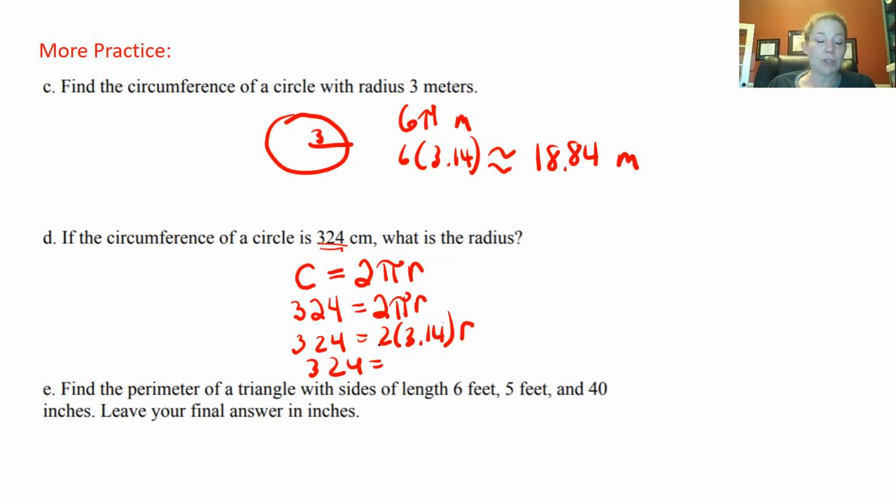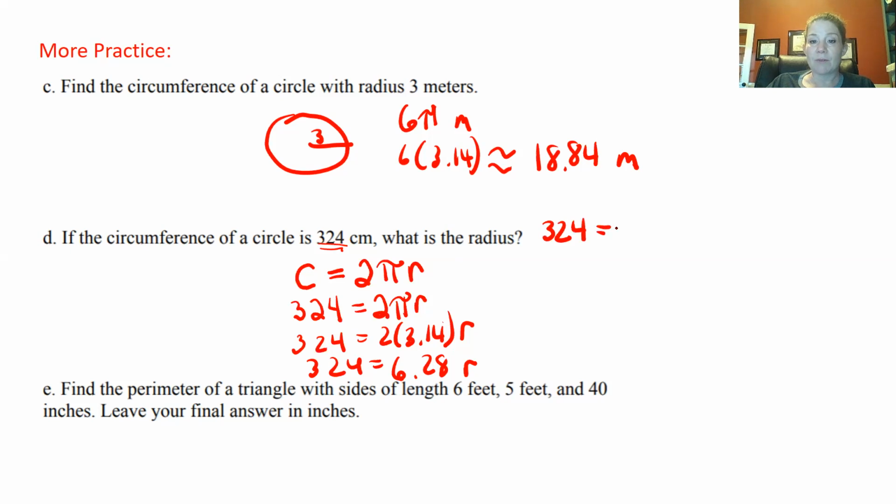So 2 times 3.14 is 6.28. All right, so now the only thing that's being done to r is being multiplied by 6.28. Well, the only way to get rid of multiplication by 6.28 is to divide both sides by 6.28.